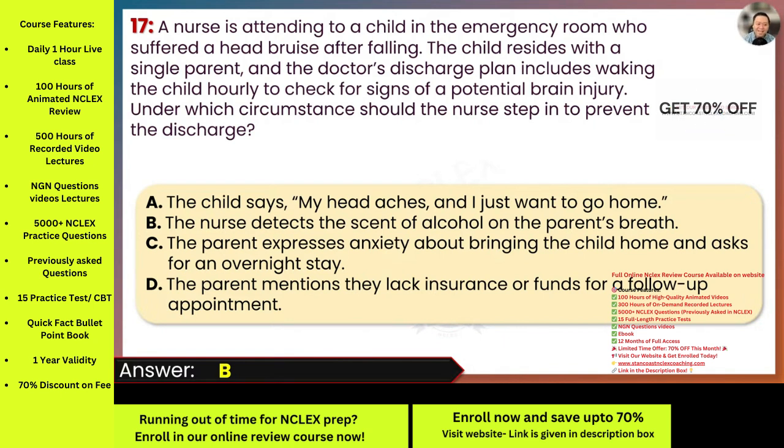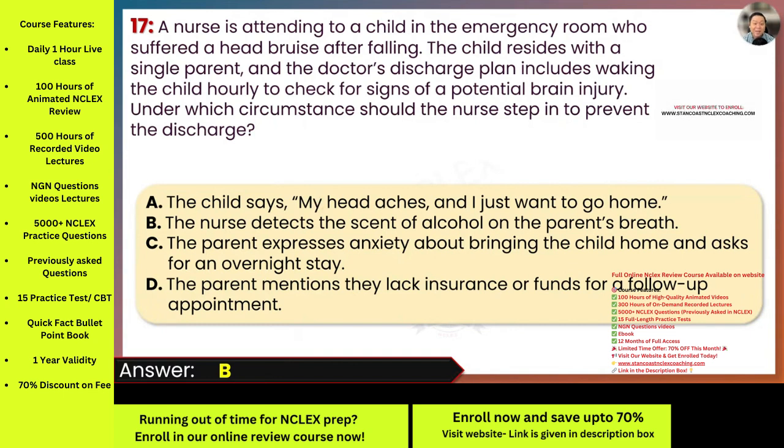And in this case, you also have to avoid emotional distractions, such as in option letter C. There's that parent expressing anxiety or lacking money. It doesn't make the home unsafe. It just means they need extra support. All right. Or let's say the child expressing headache or discomfort.